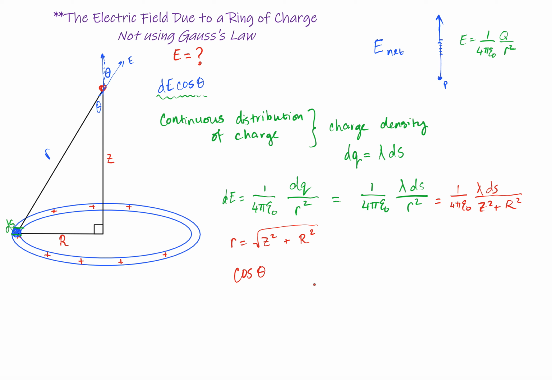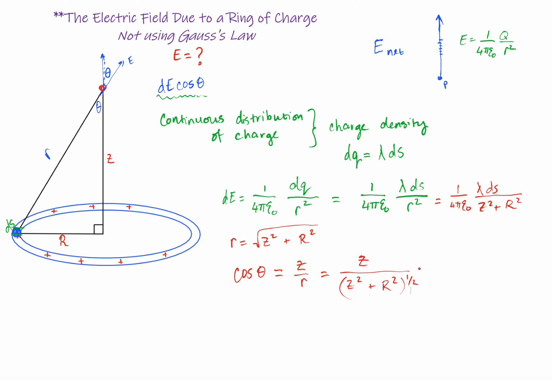Now cosine theta, if I look at this, is equal to z over r. I'll go ahead and write that down, z over r. And we already found an expression for r, right? So I'm going to do this substitution. So it's z over z squared plus big R squared, to the 1/2, or square root.